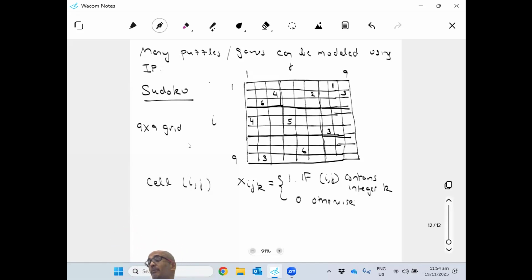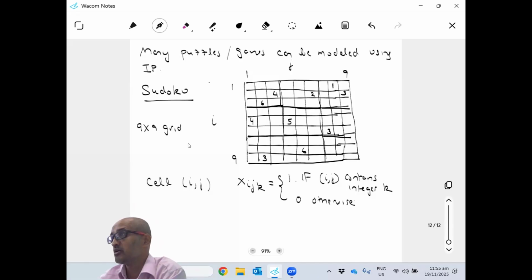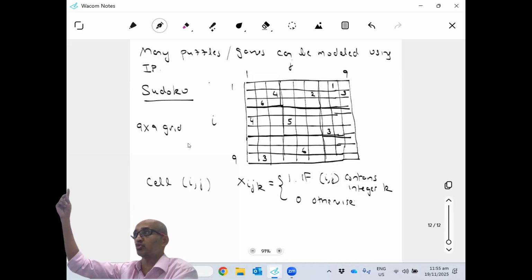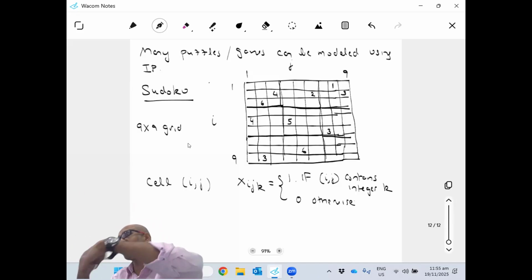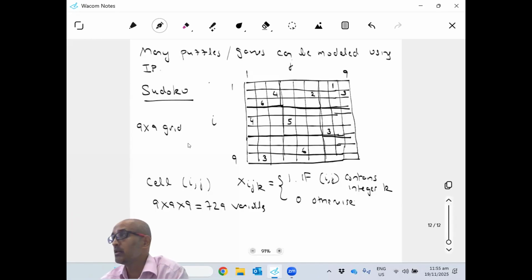So instead of writing x, I could have had only 81 variables, 9 into 9, 81. There are 81 cells here. I could have had 81 variables where each variable took 9 different values. But I will make this into 9 into 9 into 9, which is 729 variables, where each variable now is binary.